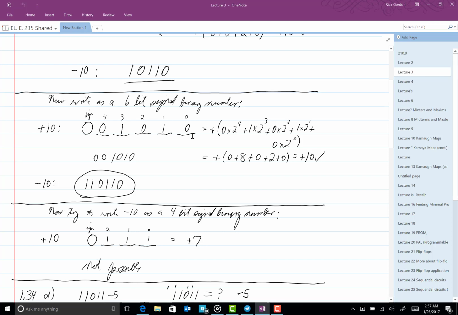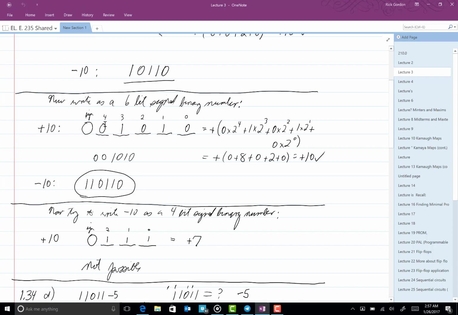And starting at the right, we number them 0, 1, 2, 3, and 4. And now we will proceed just as we did before. So if we move now from left to right, starting with the first position to the right of the sign bit, we see we have a 4 here.